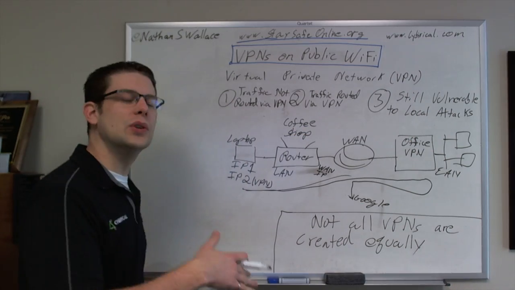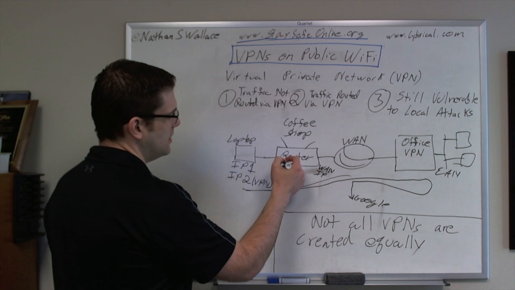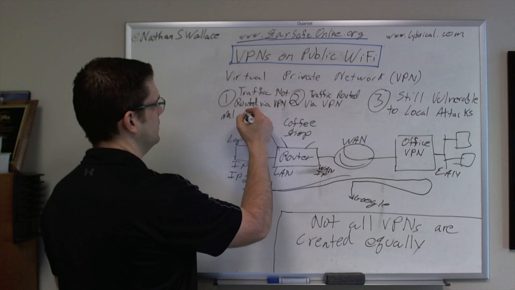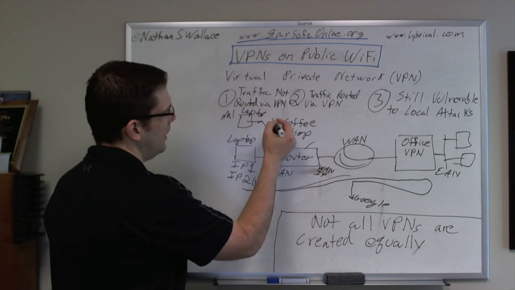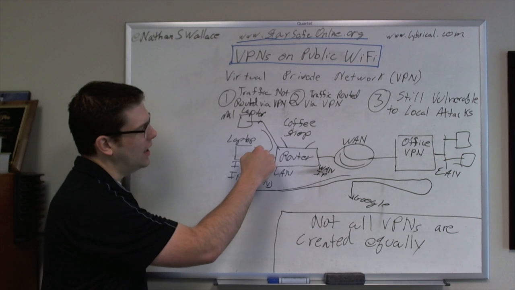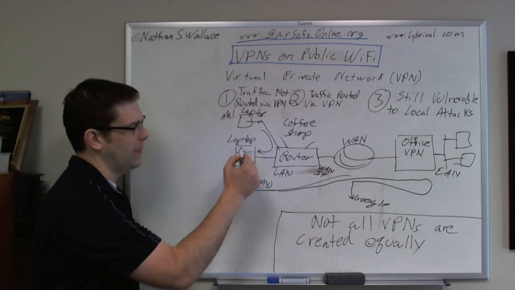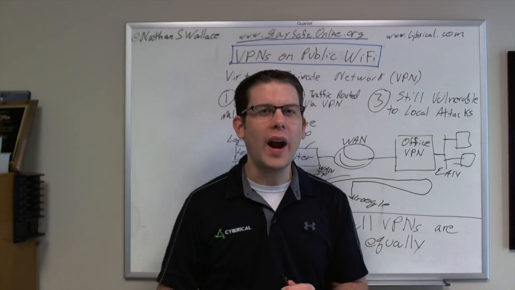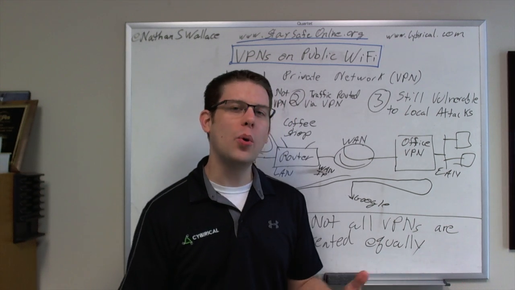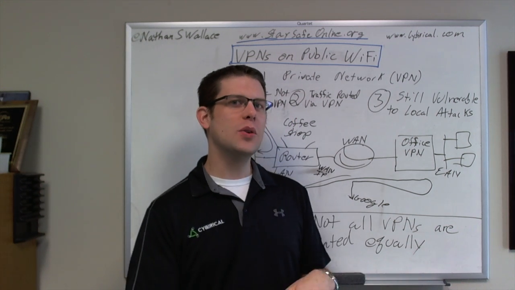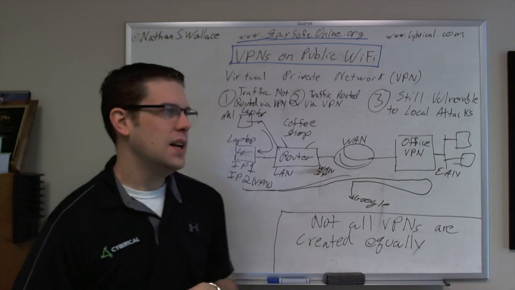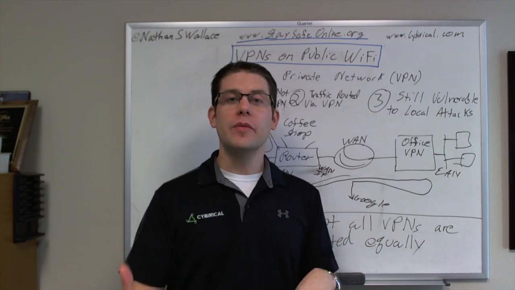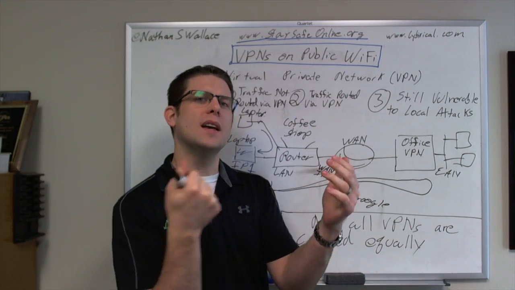If someone knows what they're doing, and they're also connected to this router, so let's say this is the malicious guy with the laptop, he can still actively scan your work laptop, looking for vulnerabilities, knocking on the door. Hey, what ports are open? What are the vulnerabilities? He can do a complete profile of this machine using a tool like Nmap or something else, find the operating system, see all the vulnerabilities, and then launch the attack.